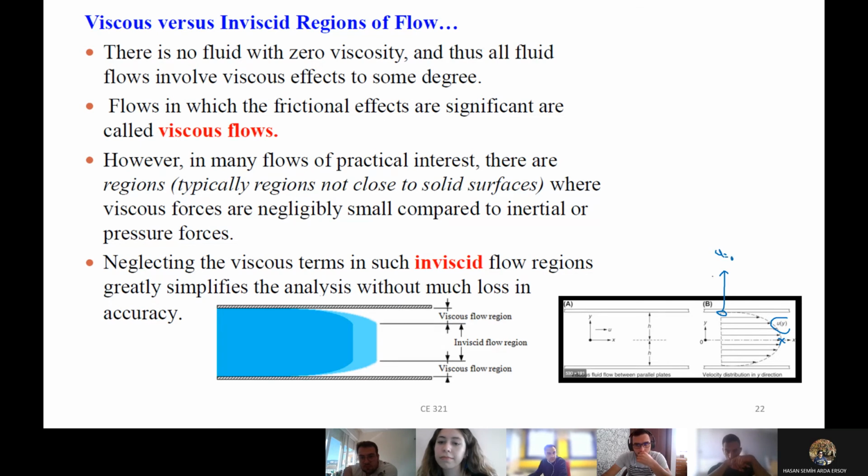It is 0, and 0 here, then it increases, then decreases. This is the result of viscosity, or generally friction at the wall, friction between the water and the pipe wall.